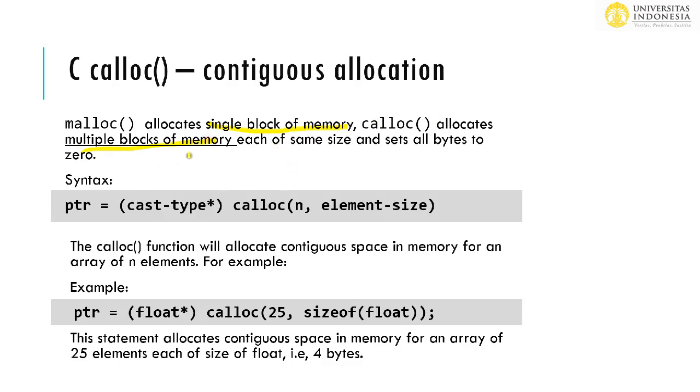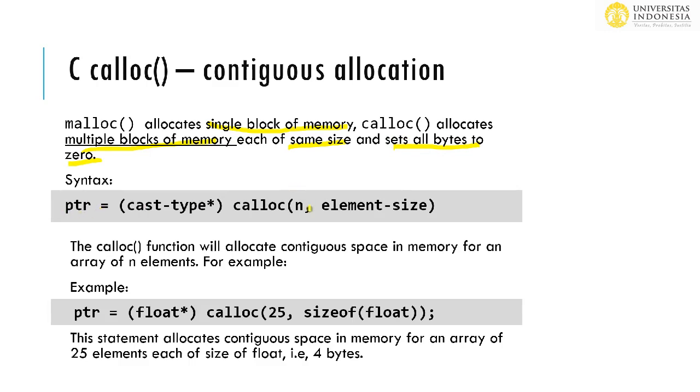Each block has the same size, and all the values in the blocks are set automatically to 0, so you don't need any initialization. The syntax is the same as with malloc.